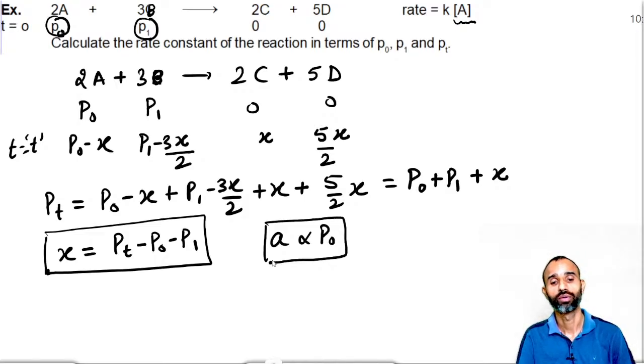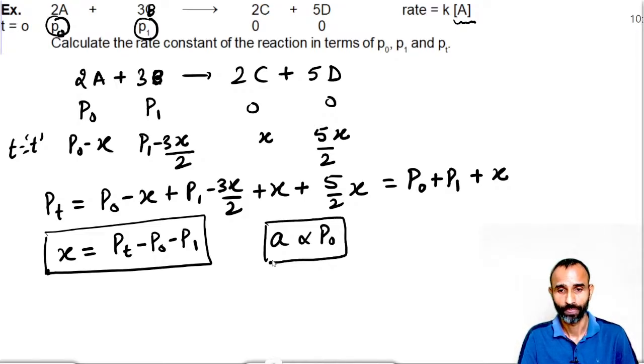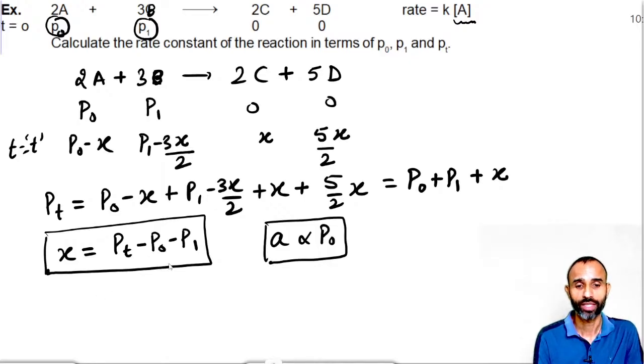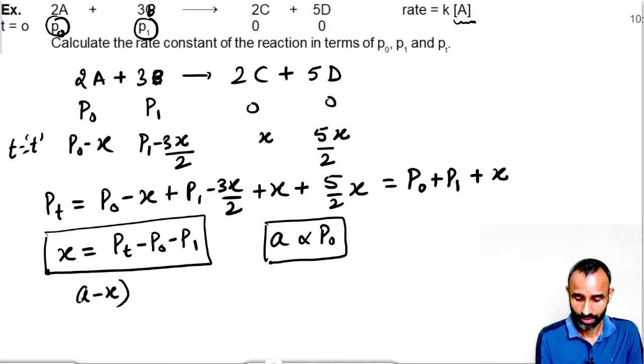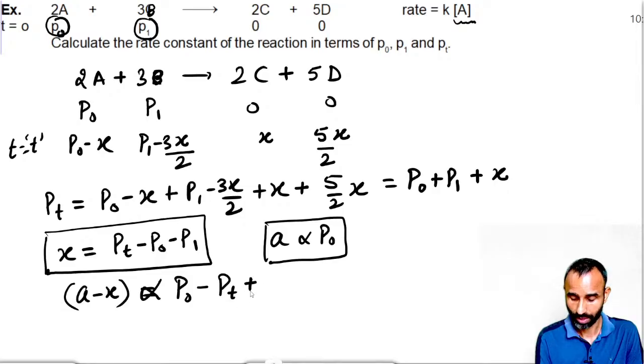A is proportional to P naught, X is proportional to Pt minus P naught minus P1. This way, A minus X is P naught minus Pt plus P naught plus P1.